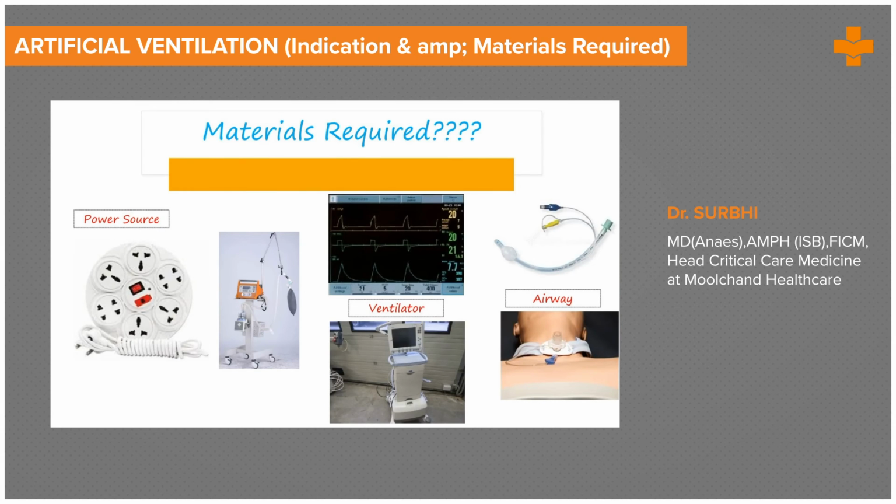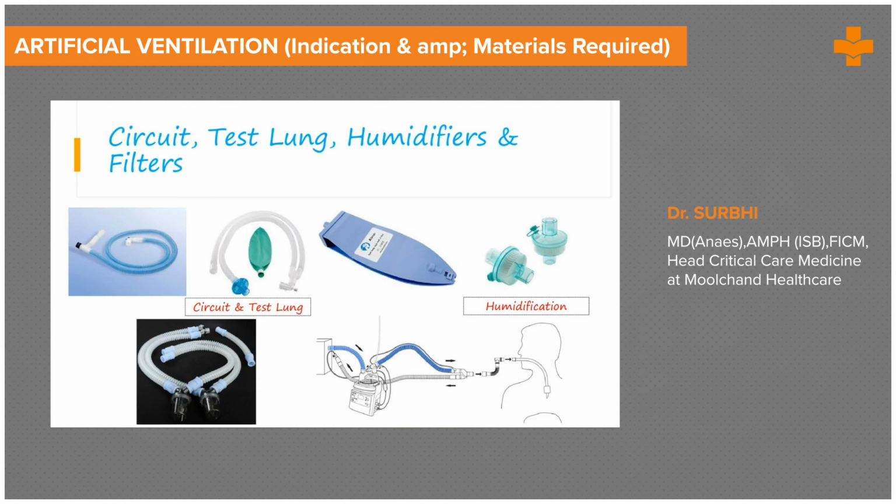Then you will require the ventilator power source. You will require a ventilator with modes which you are familiar with, and you will require equipment to manage the airway. It can be an endotracheal tube, an LMA, or even a tracheostomy tube. So first we have had the oxygen, the power source, the ventilator, and the airway.